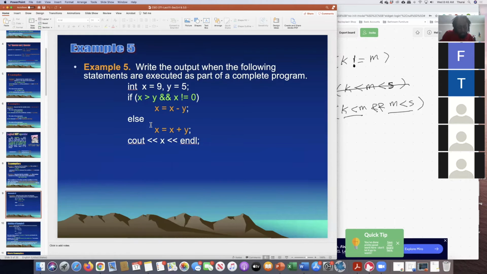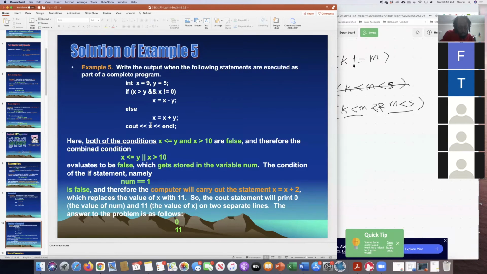That's the same example. Okay, it's just explanation of that.